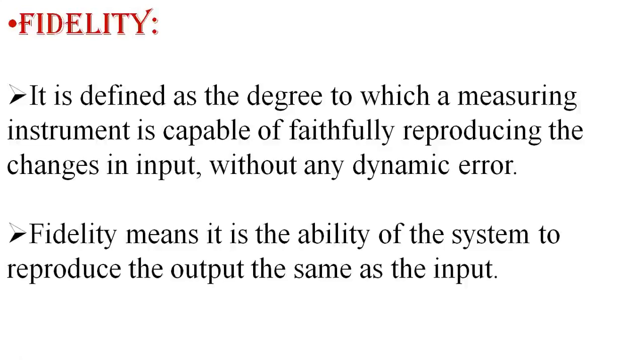It is defined as the degree to which a measuring instrument is capable of faithfully reproducing the changes in input without any dynamic error. So when we generate the output in relation to an input varying with time, we have to generate a very stable or desired output without any dynamic error.